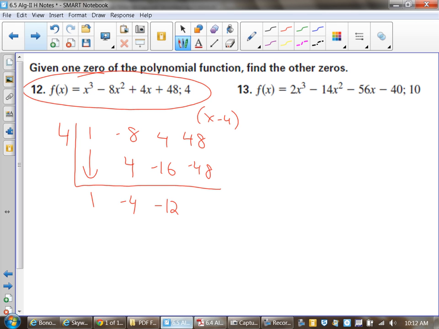Multiply. And you get a 0. Which means my new polynomial is x squared minus 4x minus 12, which is a trinomial that should be relatively easy to factor. What times what is negative 12 and adds together to get negative 4?